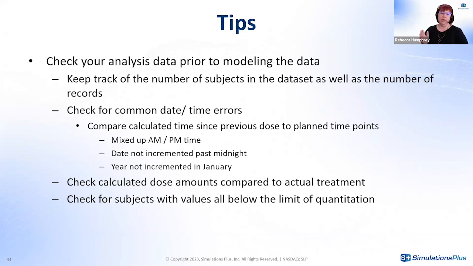For example, if the beginning of your profile PK samples were collected on May 15th, but that last 24-hour sample was collected after midnight, it's typical to see that the date did not get incremented from May 15th to May 16th. And looking at that 24-hour sample, it would have a lower time since previous dose, because it would look like it occurred 24 hours earlier, before the dose.